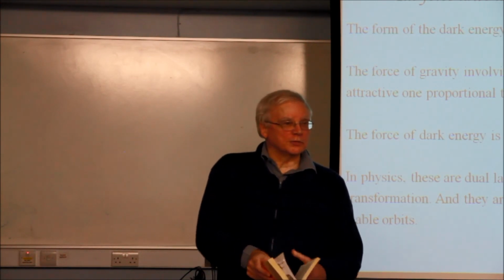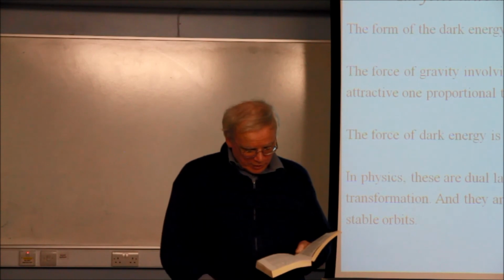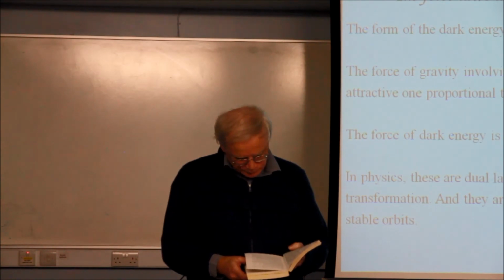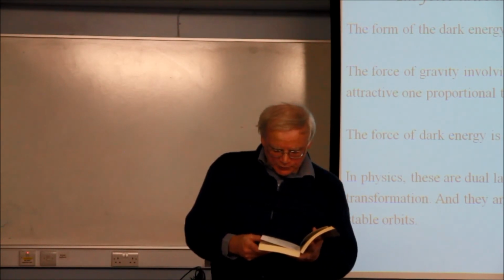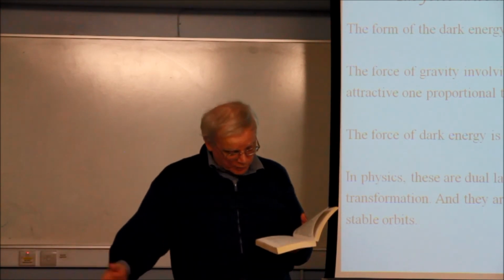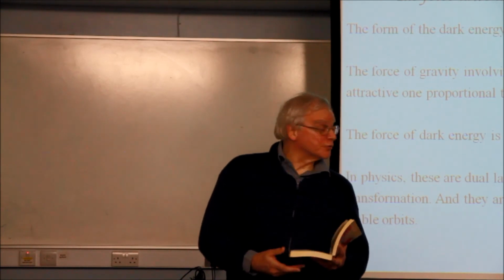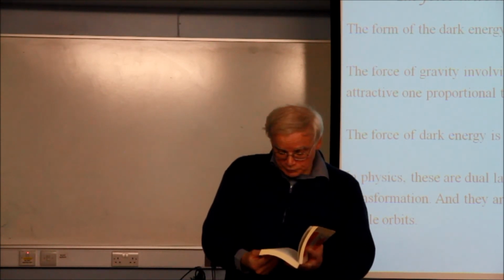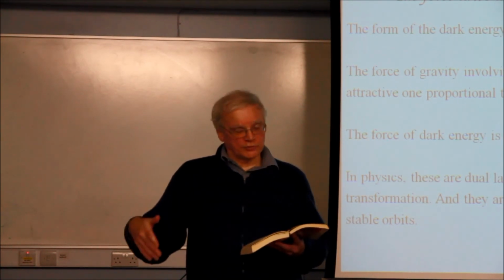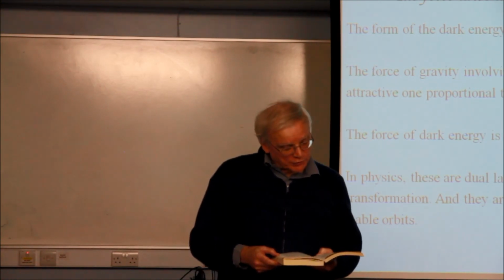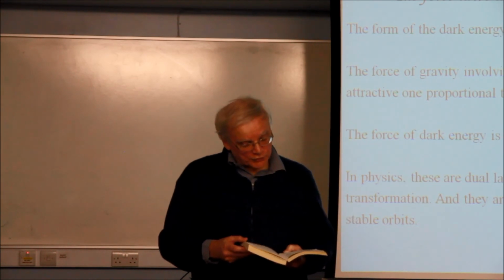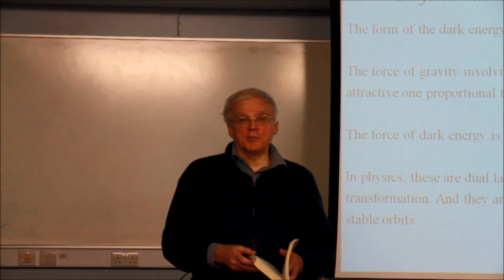I'll just read a few words from this, because this is from the Scholium to Proposition 78, Book 1, the Principia. "I have now explained the two principal cases of attractions, to wit, when the centripetal force decreases in a duplicate ratio of the distance, 1 over r squared, or increases in a simple ratio of the distance, proportional to r, causing the bodies in both cases to revolve in conic sections, in other words ellipses and such things, and composing spherical bodies whose centripetal forces observe the same law of increase or decrease in the recess from the centre as the forces of the particles themselves do, which is very remarkable."